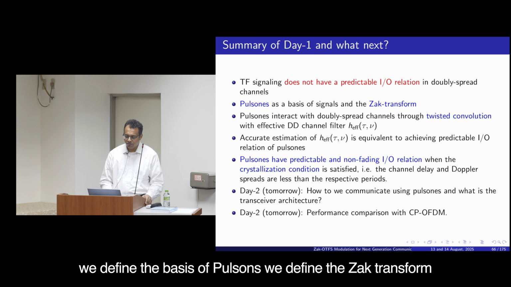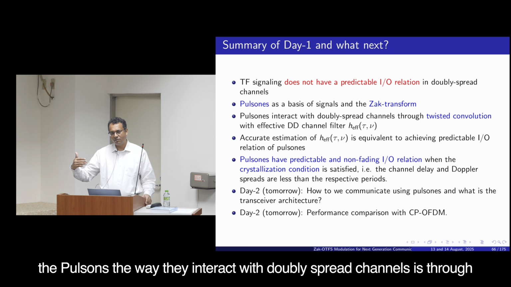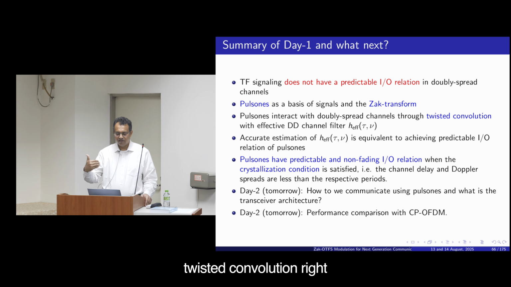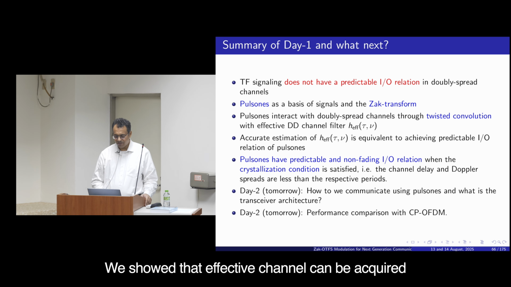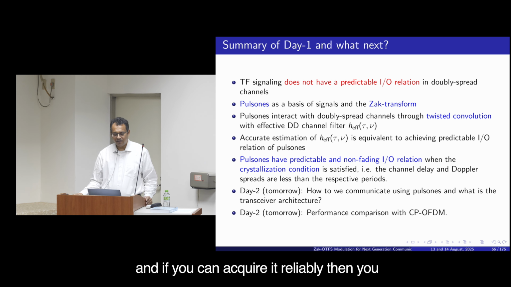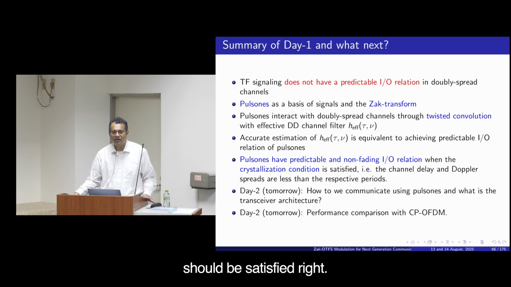We defined the basis of pulsons, we defined the Zak transform, and then we also showed that the way pulsons interact with doubly spread channels is through twisted convolution, right. And we have this notion of effective channel, right. We showed that the effective channel can be acquired, and if you can acquire it reliably, then you have a predictable input-output relation. But for that, the crystallization condition should be satisfied, right.